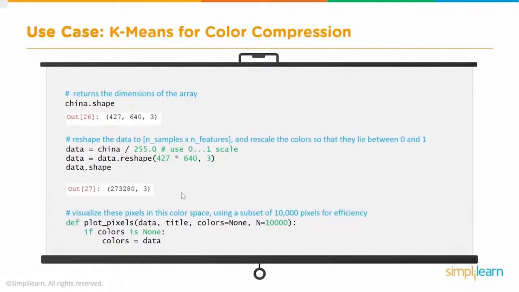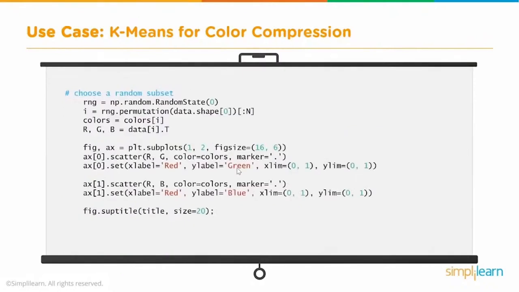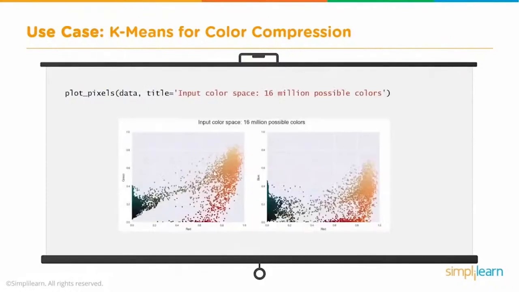We just reshape it and feed this to our algorithm, and this will then create only 16 clusters. There are millions of colors, and now we need to bring it down to 16 colors. So we use k equal to 16.